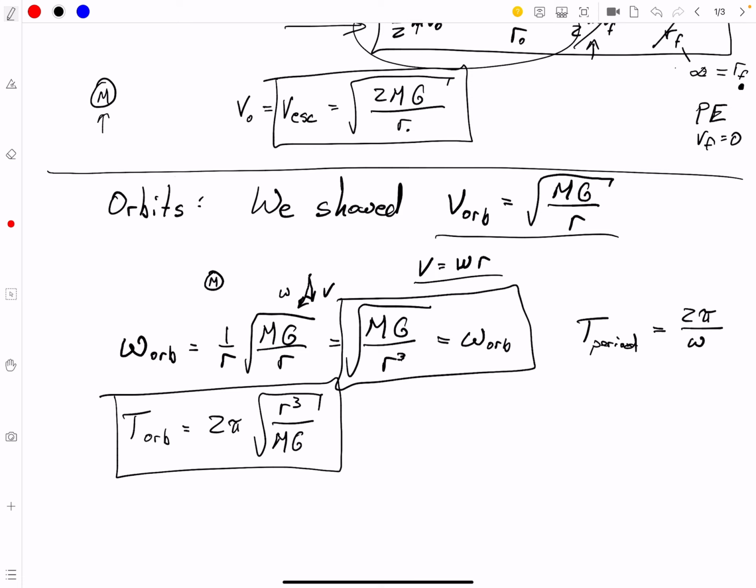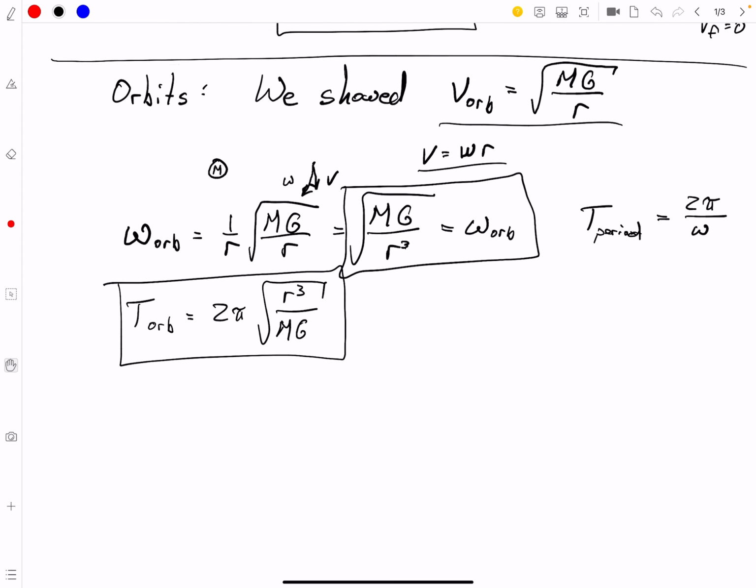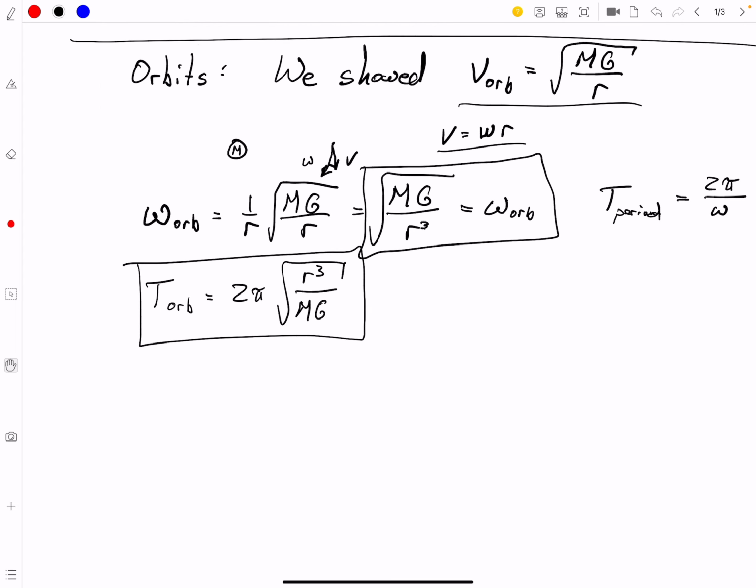So we covered a lot of things. We are talking about angular momentum, which is what leads us into gravity.